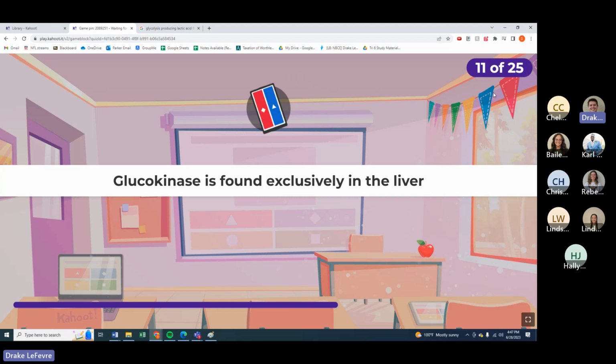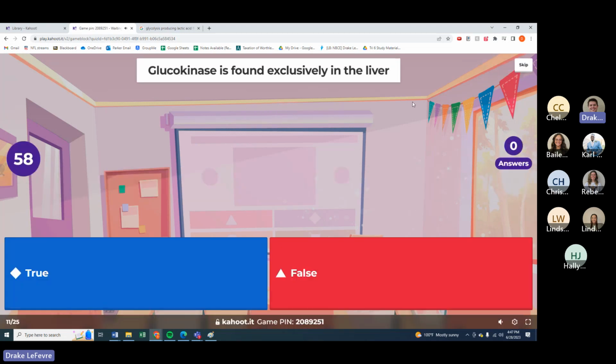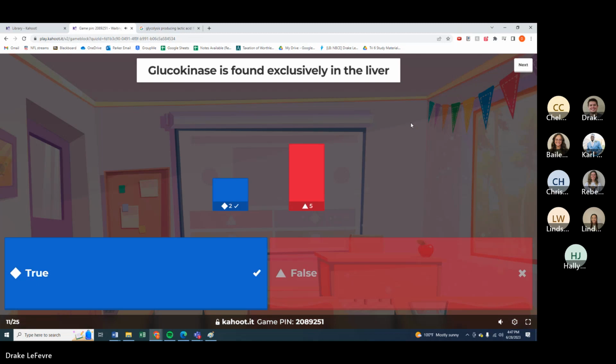True or false? Glucokinase is found exclusively in the liver. This is true. So glucokinase, or actually, is there something that I am missing as to why it would be false?